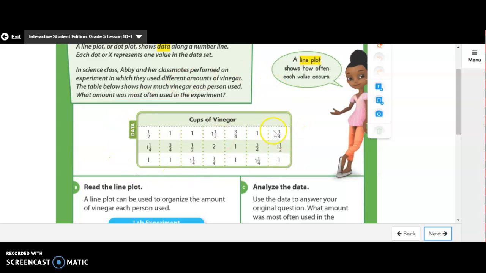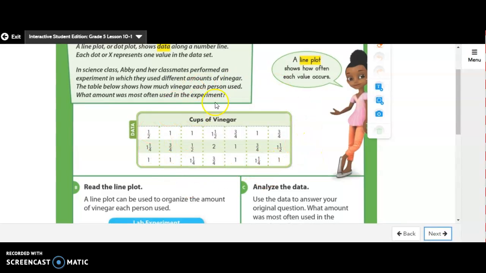So this is how most data is collected. It's random. It's organized in the fact that each one has its own spot, but it would be kind of hard for me without sifting through it slowly to see how many times they used 1 cup of vinegar, or how many times people used a half cup of vinegar. I would have to slowly go through and make sure I was paying attention to every single one.